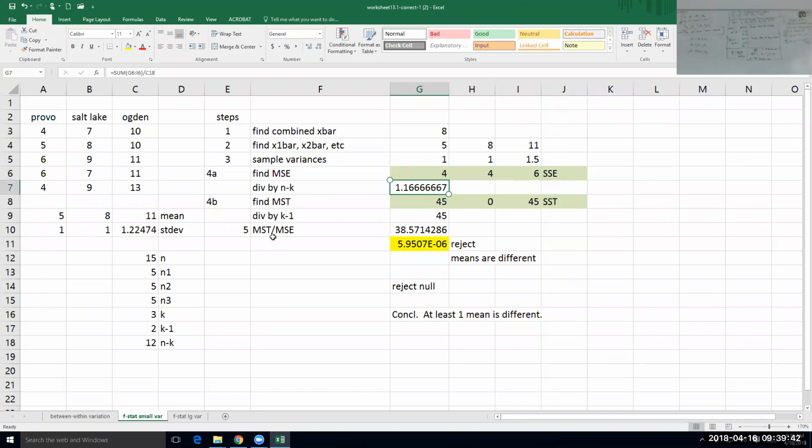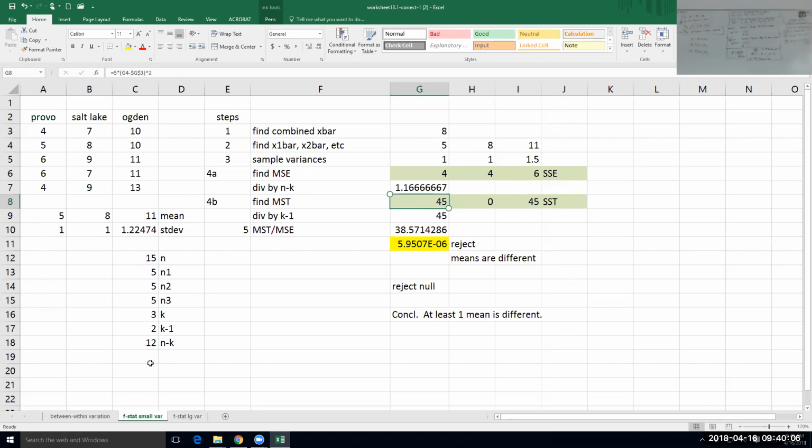My MST is going to be found similarly. As I look here, I need to find my SST. My SST is n1, I've got 5 in my first data set, times x1 bar minus x bar. So x1 bar, 5 minus 8 is -3. -3 squared is 9. 9 times 5 is 45.